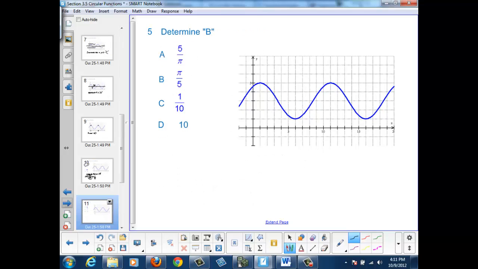To determine the B value in my general sinusoidal equation, we remember that B is the reciprocal, or 1 over the horizontal dilation. Which means that instead of 5 over pi, B is pi over 5.